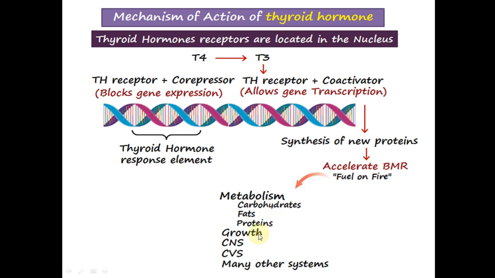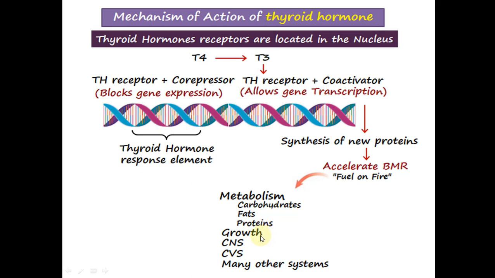Thyroid hormones have a role in growth, particularly if we talk about congenital hypothyroidism or newborn hypothyroidism. The absence of thyroid hormone in the newborn, if it is not treated early by starting administration of synthetic thyroid hormones, the child will not grow, in a condition known as cretinism, in which the child remains a cretin.